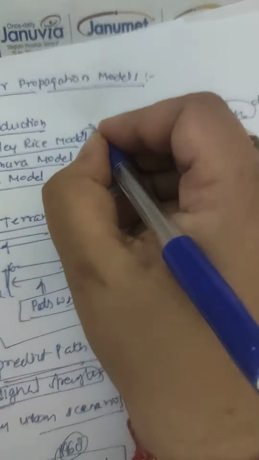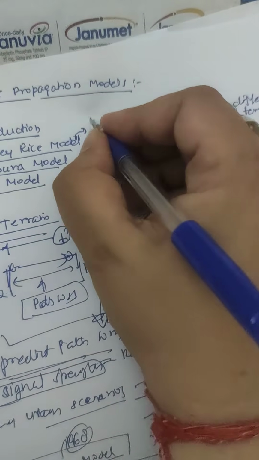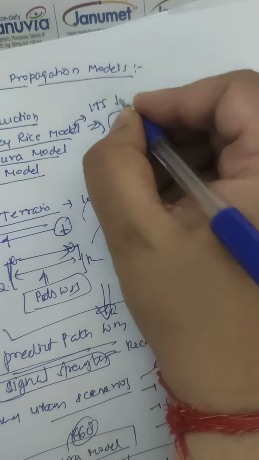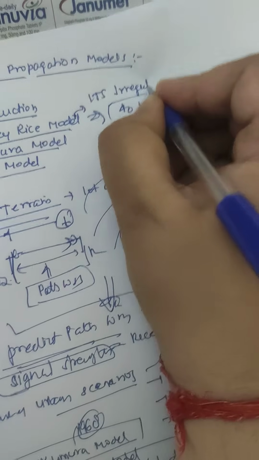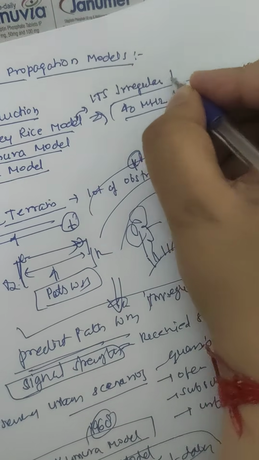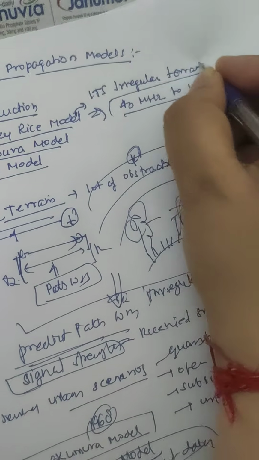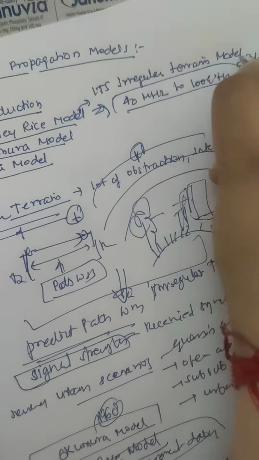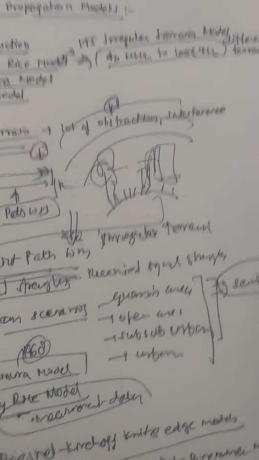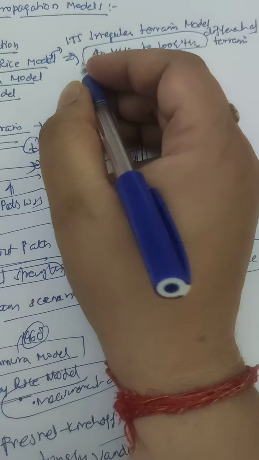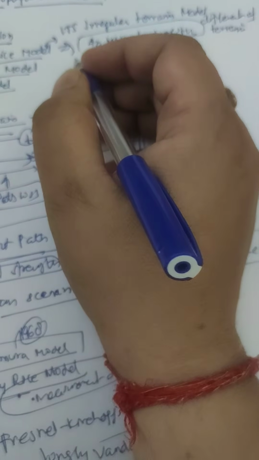So it has one more name, the ITS irregular terrain model. The Longley-Rice model is also available as a computer program.